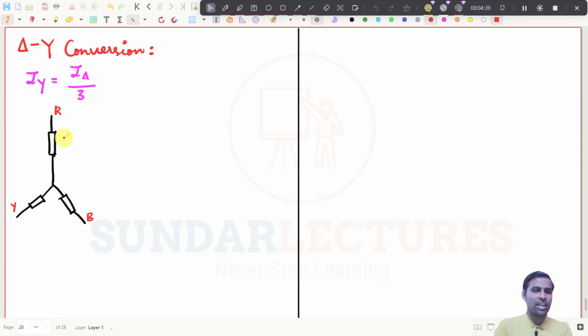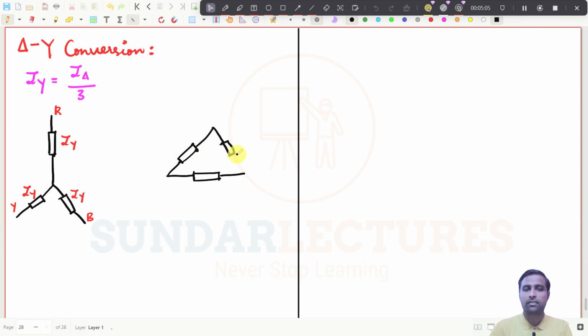This value you just take as Z, for a balanced load. If you take a balanced load, all the values will be the same. So what will the delta connection be? Whatever we have taken here, this is the delta connection. These are the three different impedances, maybe loads, you can take it like that.